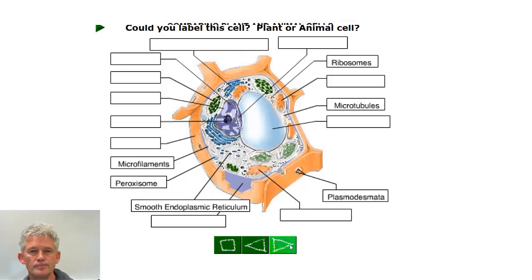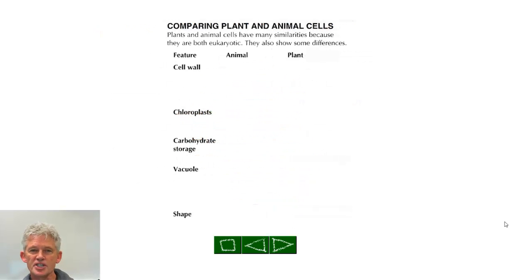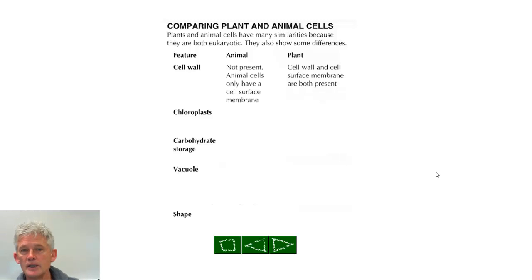So just to summarize the differences between those two cell types we were looking at, the plant and animal cells. In terms of a cell wall, there is no cell wall in an animal cell, whereas the plant cell does. Chloroplasts, animal cells don't have them, present in the plant, carry out photosynthesis.